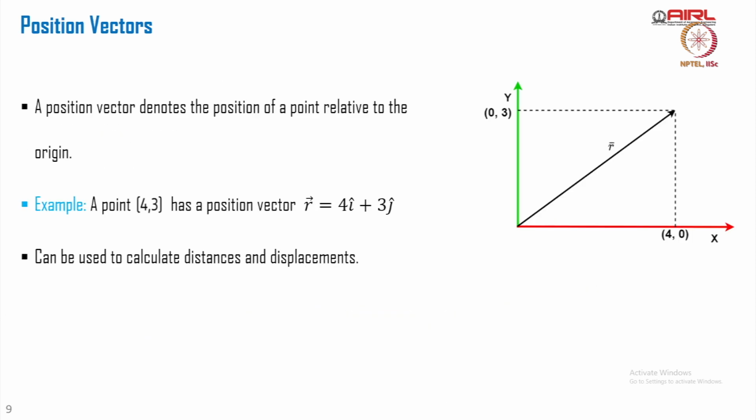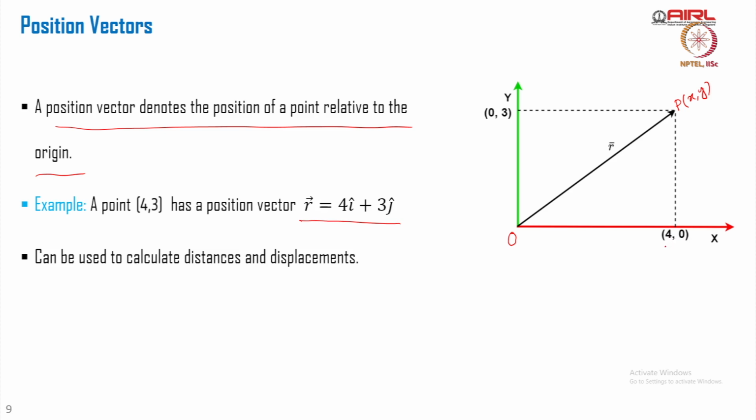Okay. Now comes position vectors. A position vector denotes the position of a point relative to the origin. We can see it from here. In the Cartesian coordinate system, if this is the origin, this is the vector with tip at point P with coordinates x and y. As an example, we can show that the point 4, 3 has a position vector r equal to 4i plus 3j. How does this come about?